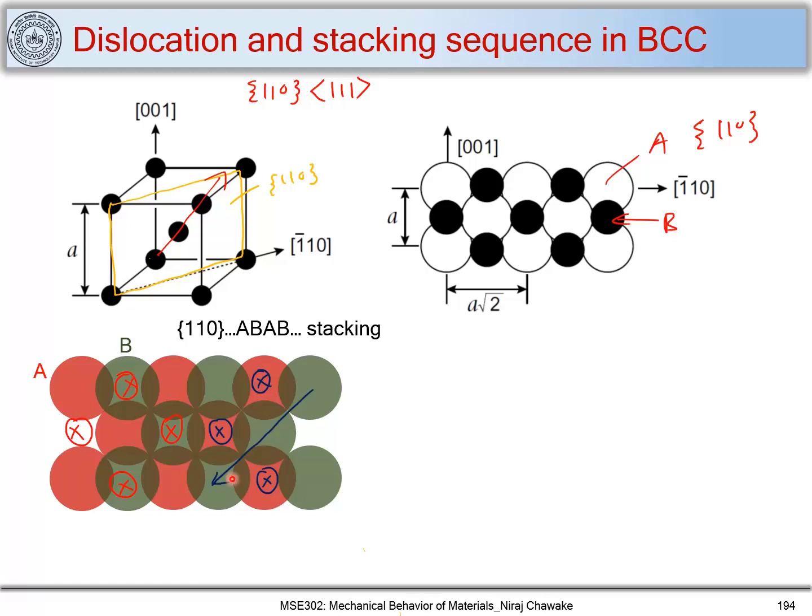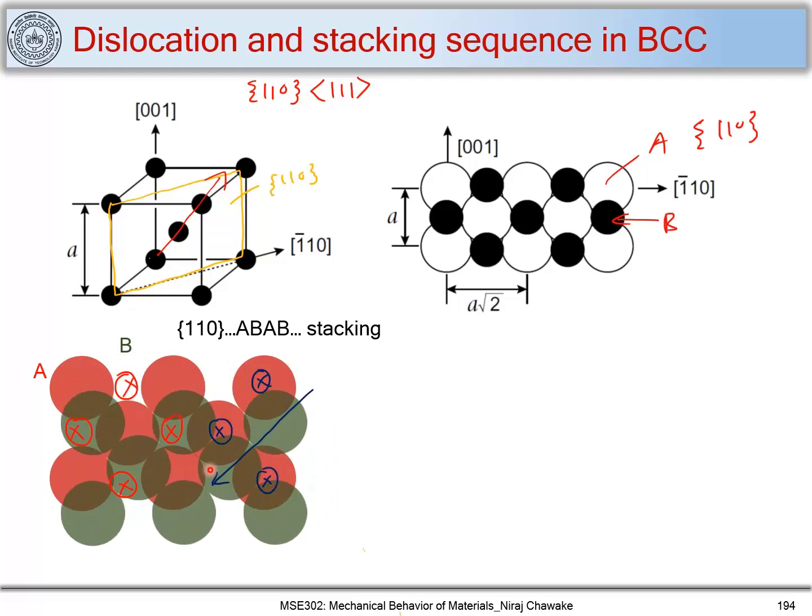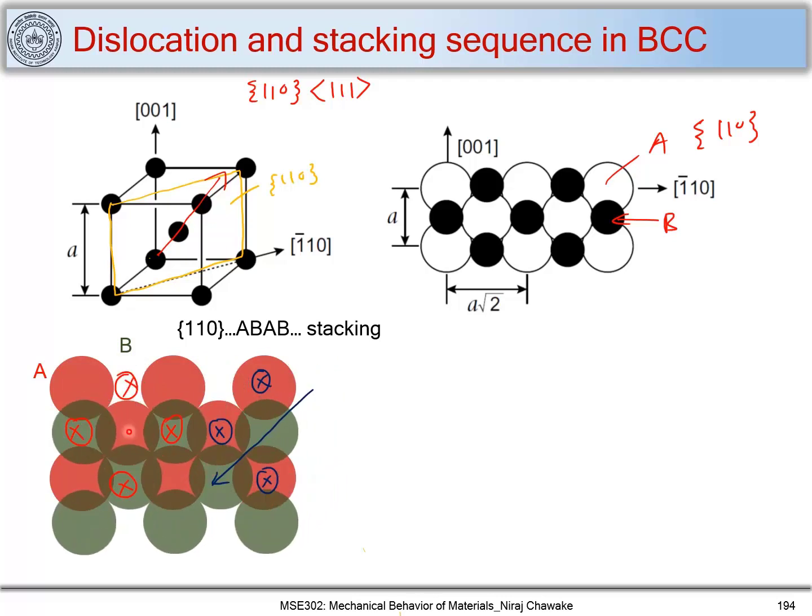And let's have a glide of these atoms in a B layer over an A layer. So let's do that and see how it happens. So when there is a glide of B atoms over A atoms along this <111> direction, that is by a Burgers vector, we have moved by a Burgers vector of a/2 <111>, and when I move that, it returns the crystal structure.